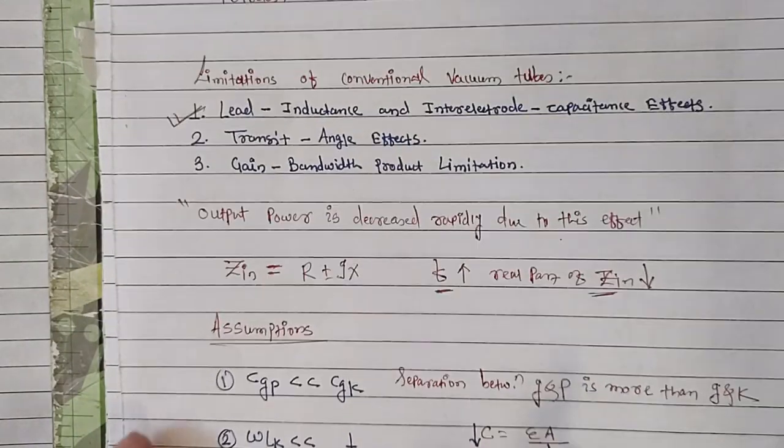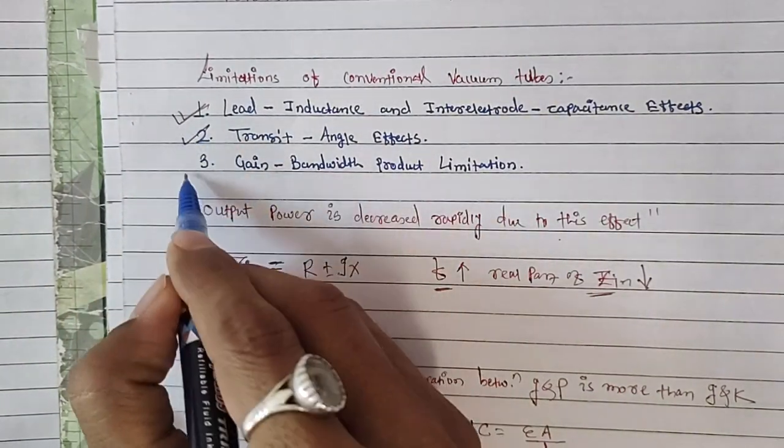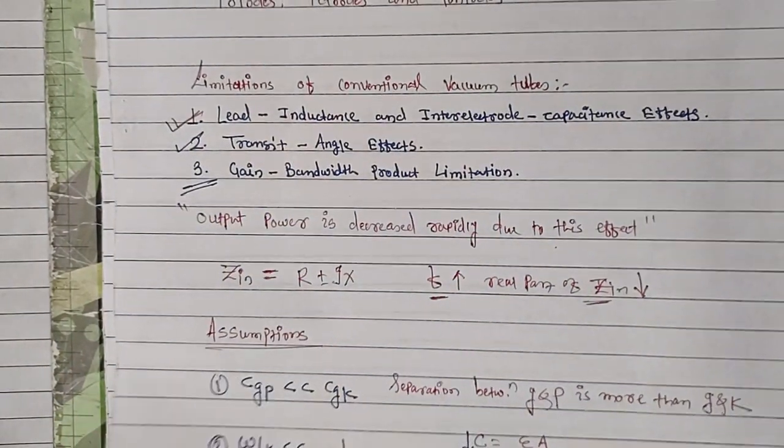Now the third and last effect which we have to discuss is gain bandwidth product limitation. So the third and final effect is gain bandwidth product limitation.